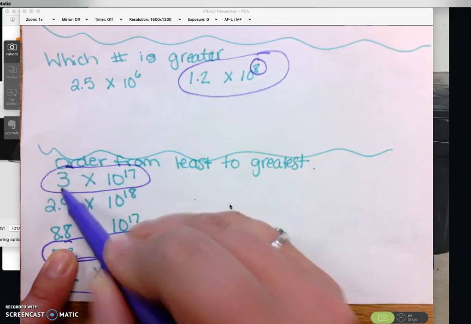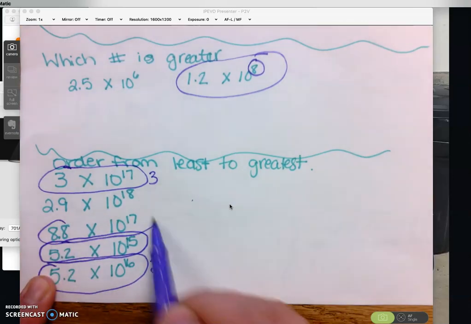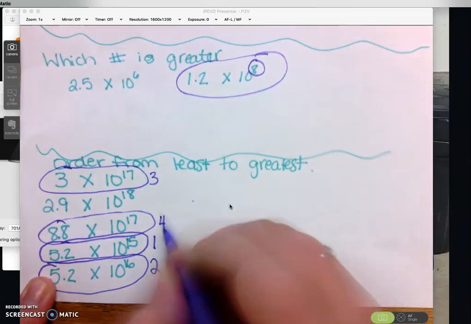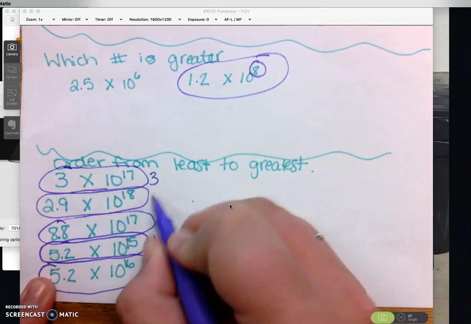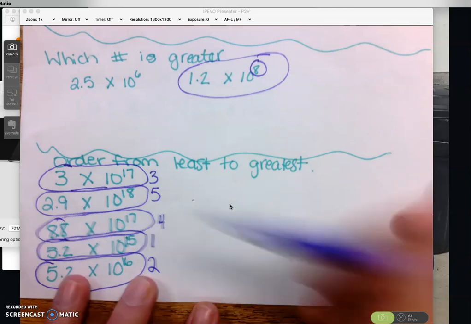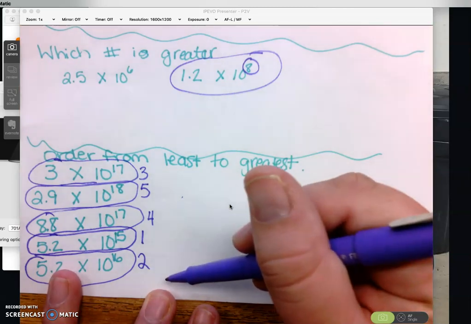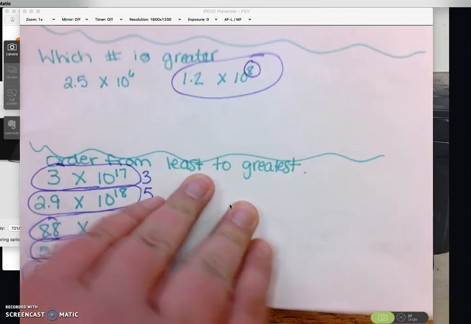So the 3 is smaller than the 8, so this would be 3 in the line. This would be 4, and this would be 5. Okay, this is a hard one to grade, and we grade that you have them in the right order.